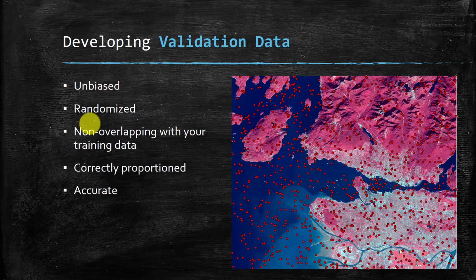This is very important in the context of maps specifically. So, for example, if you're mapping land cover and only 10% of your area is wetland or water or something, then your validation data should be roughly that same proportion.